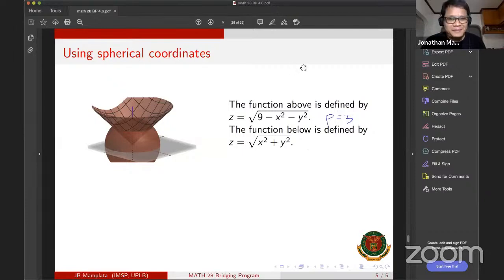Sino kalaban ni Eril? What is the equation of the cone in the spherical coordinate system? Hala, natutulog pa ata itong mga to. Gising pa ba kayo?